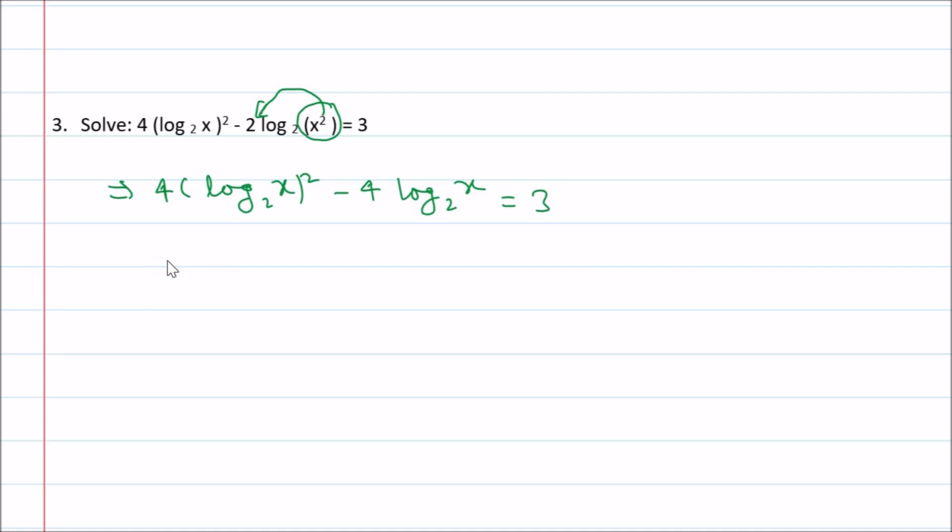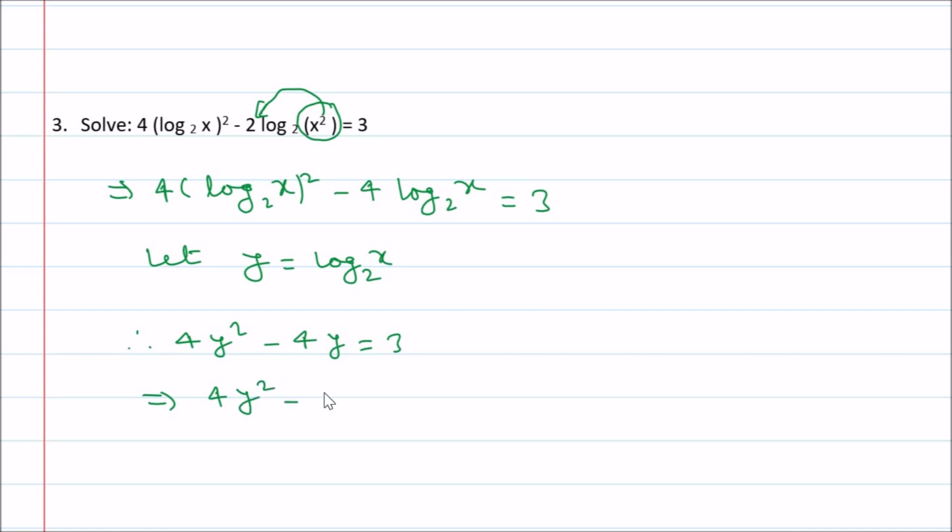So let's take, let y equal to log x base 2. Then therefore what will be the equation? 4y square minus 4y equal to 3, and this can be written as 4y square minus 4y minus 3 equal to 0.